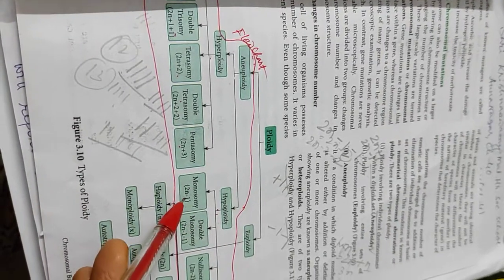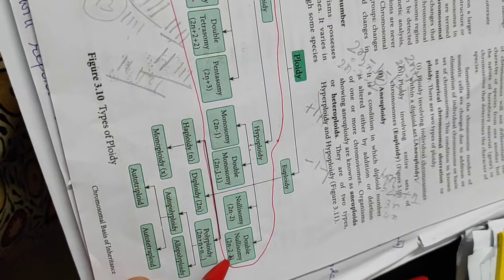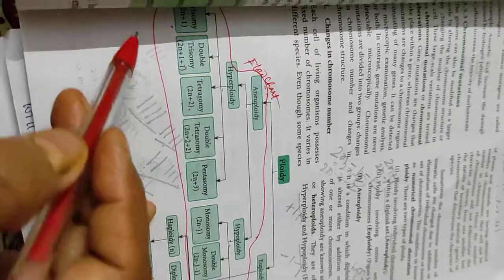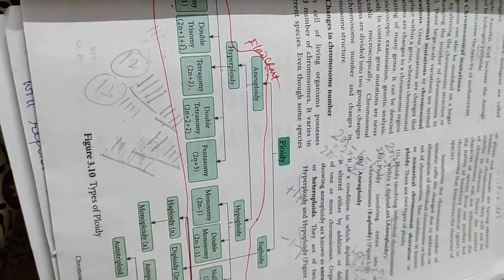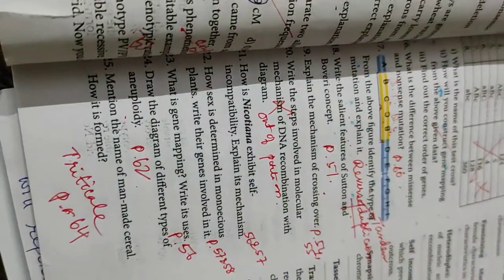And hypoploidy: monosomy, double monosomy, nullisomy, double nullisomy. Till here you write this flow chart at first. After that you come to the diagram. First you write the flow chart, that will also be given certain marks.